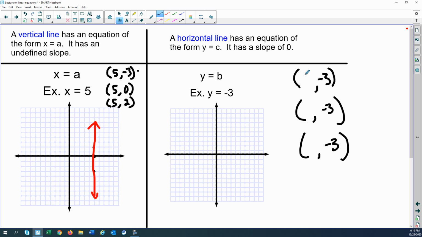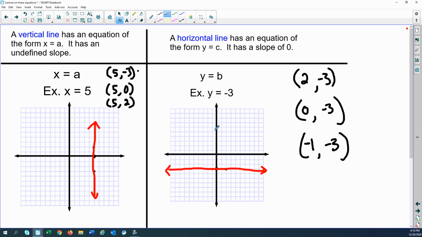It won't matter what values you pick here. All of them are going to be on your line y equals -3. So we have (2, -3), (0, -3), and (-1, -3). These are all example points that are on your horizontal line y equals -3.